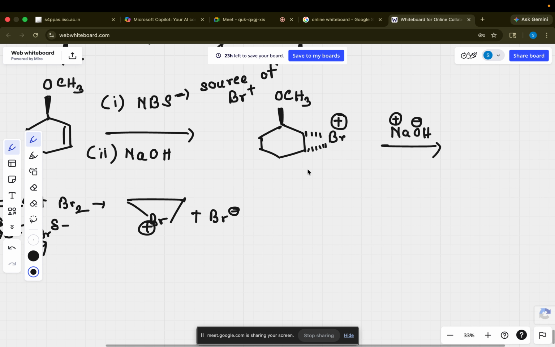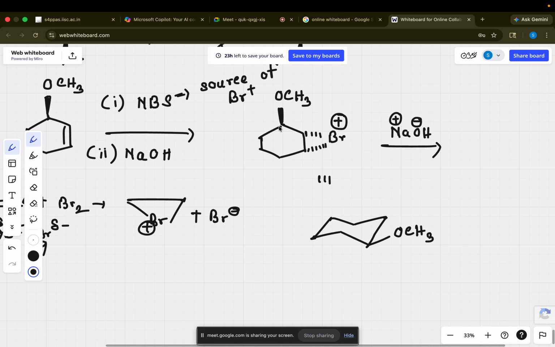For that, first of all you have to draw this cyclohexane in your chair form. Now see, where you have the OCH3 group, the OCH3 group is above the plane, so don't put it in the axial position, otherwise 1,3 diaxial interaction is there, so try to put it in the equatorial position.